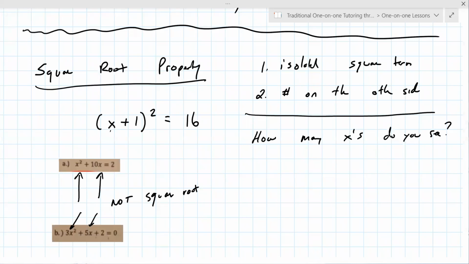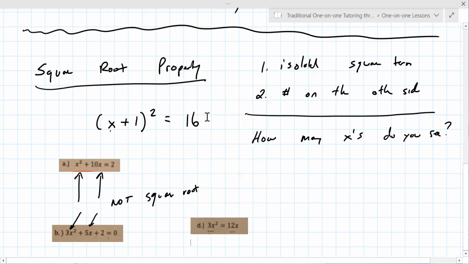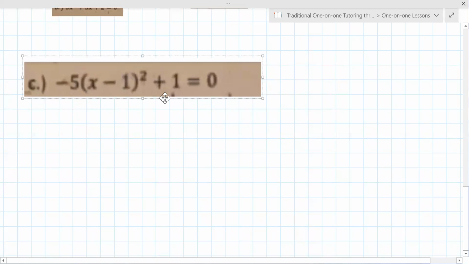So is it because there's no parentheses? That's also true, although that's not necessarily the total reason. But again, see how these have more than one X? But the one that worked, the one that's good in your paper, let me snip that in. How many X's do you see here?